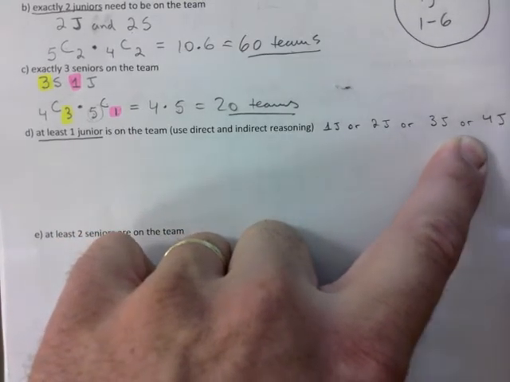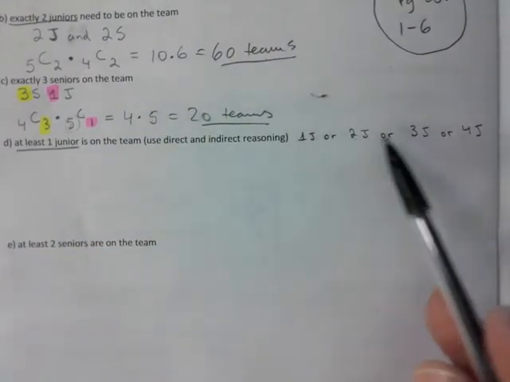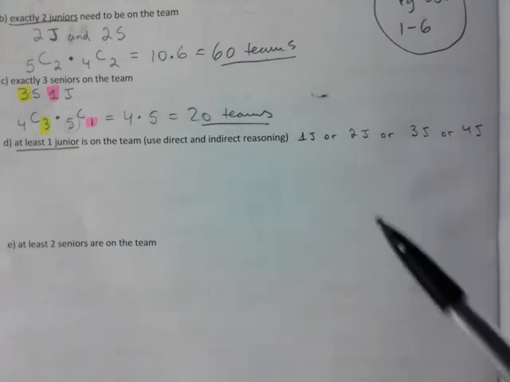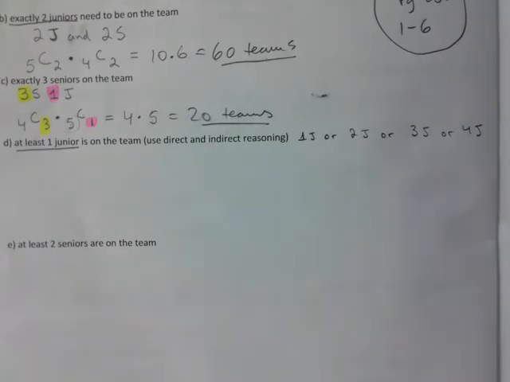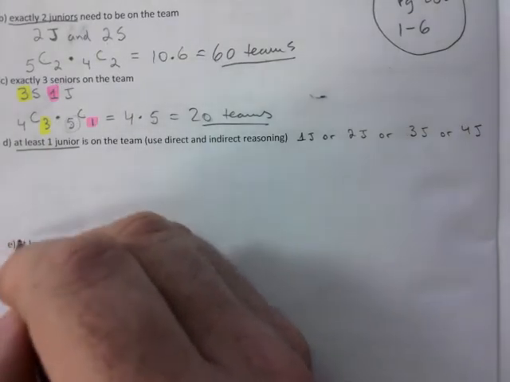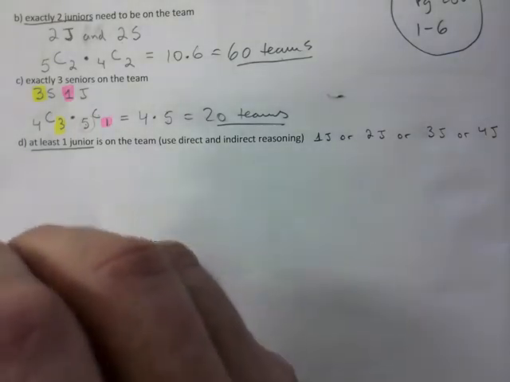Would you agree with that? If you have at least 1, that means that this is really what the question is saying. So bear with me here. I'm going to make sure I have my notes right in front of me because I want to get this right. The space is tight, so you just have to write small, okay?